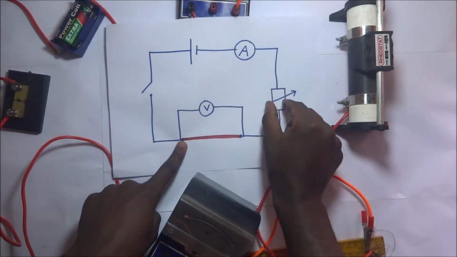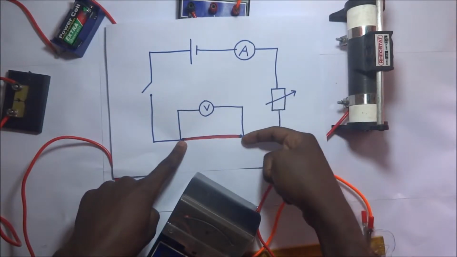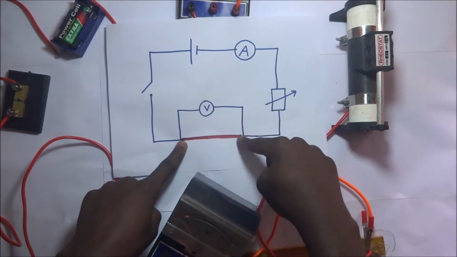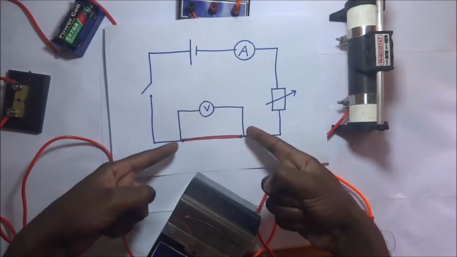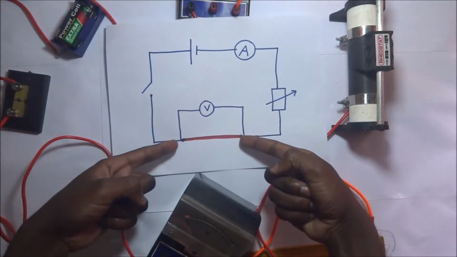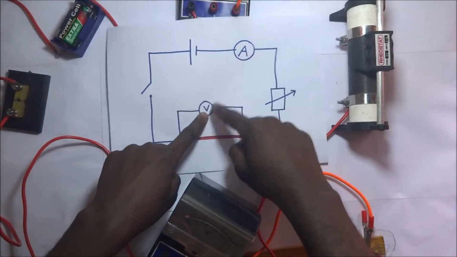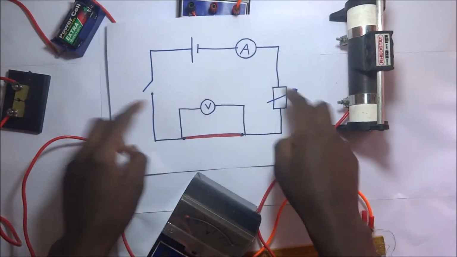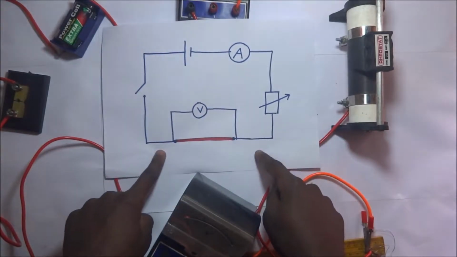So as we regulate this rheostat, we will be regulating how much current goes through the wire. Then this voltmeter is responsible for measuring the potential difference across the ends of this Constantan wire. In our connections, we are supposed to be very careful that the voltmeter is connected correctly.